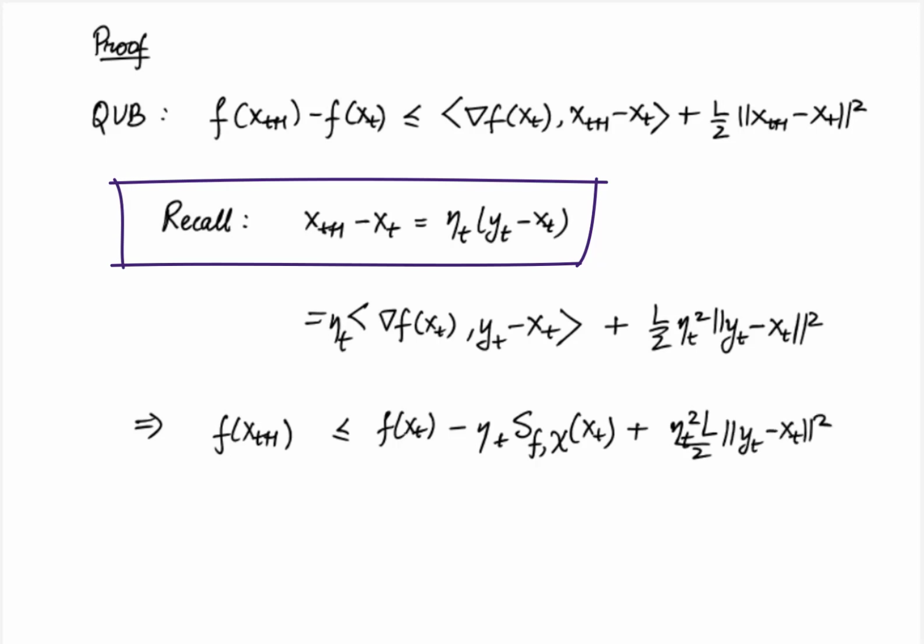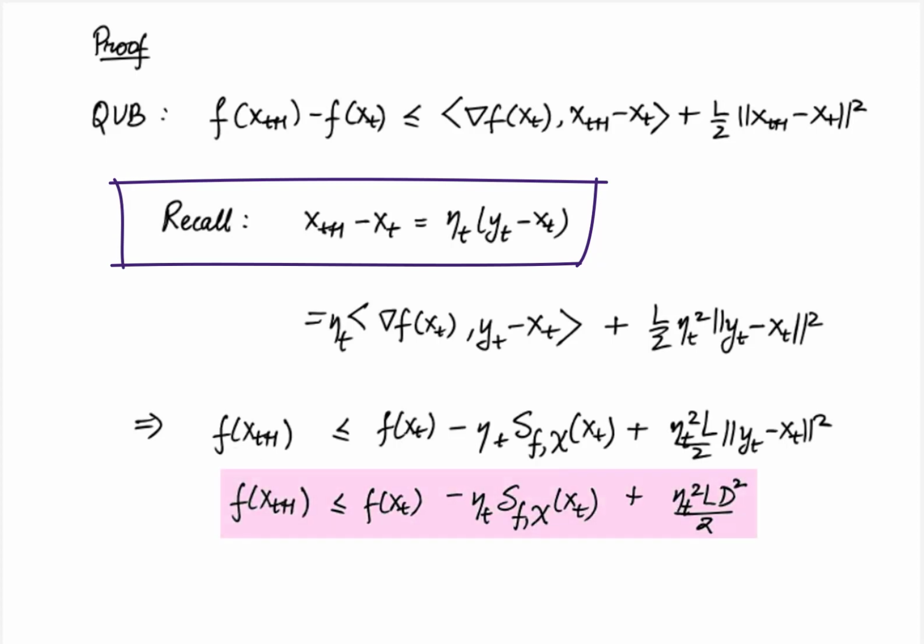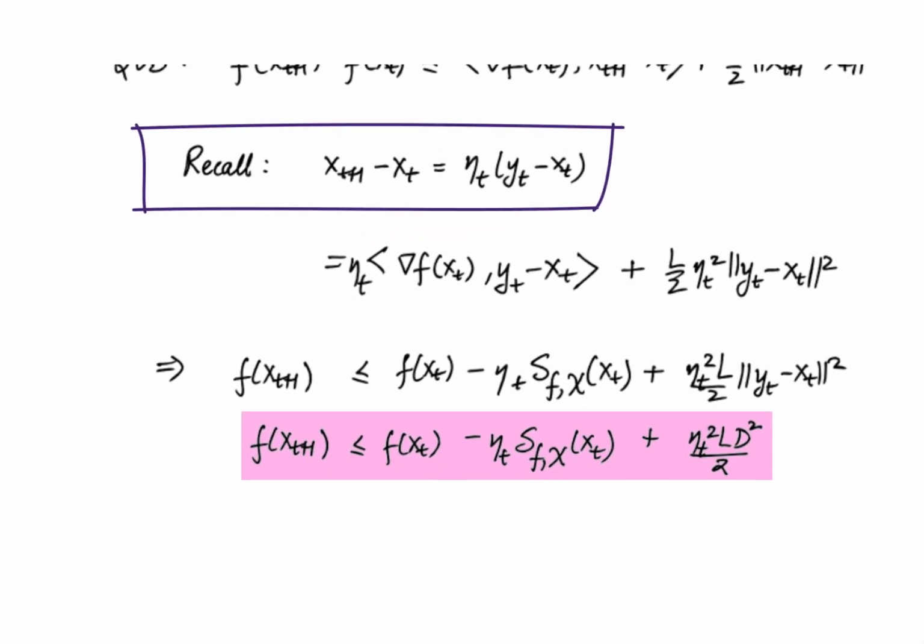Finally, the second term can be bounded using the compactness assumption. So the norm of y_t minus x_t is less than or equal to D, so that we obtain that f of x_{t+1} is less than or equal to f of x_t minus eta_t S of x_t plus eta_t squared L D squared by 2. So let us carry this inequality over.